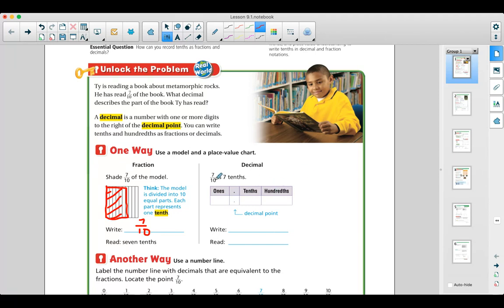So let's write 7/10. There's 0 ones and there's 7 tenths. So write 0.7. 0 ones and 7 tenths. And you read it the same way as this. So you can just write that in right here.